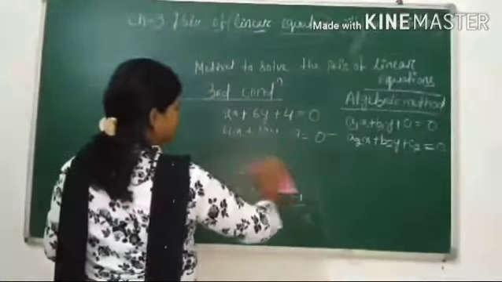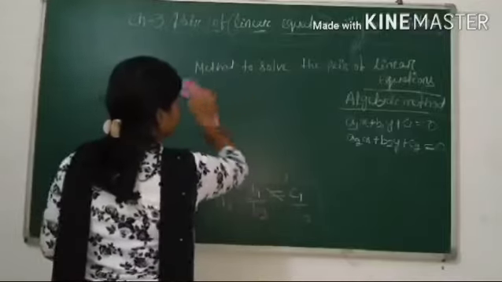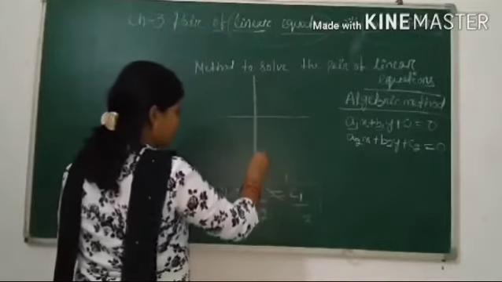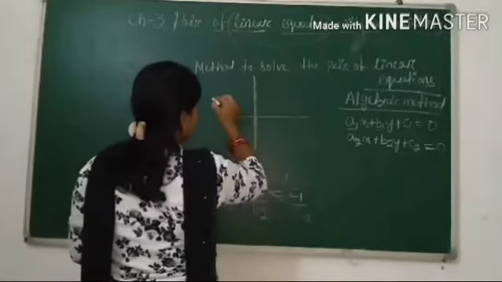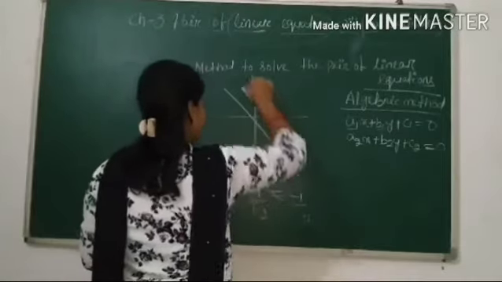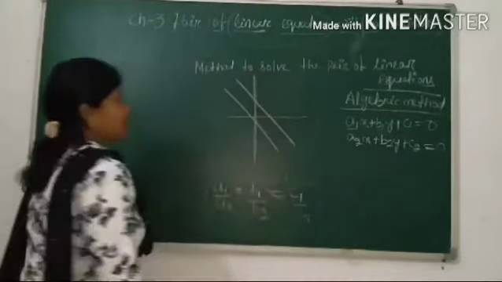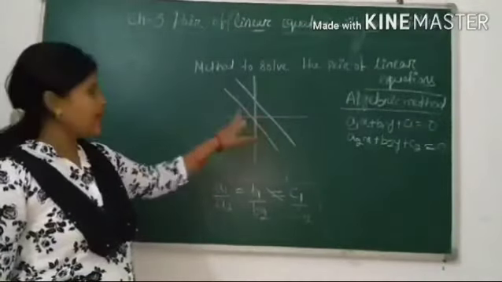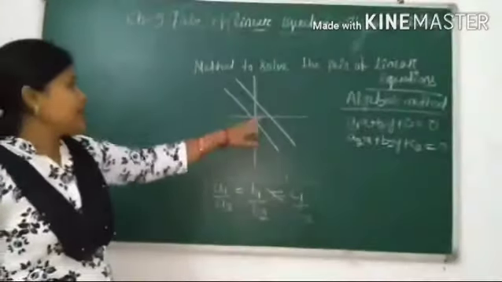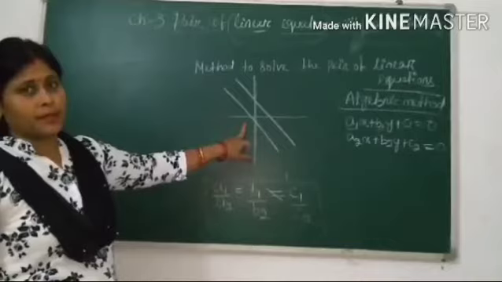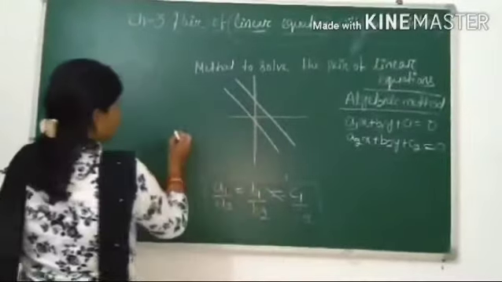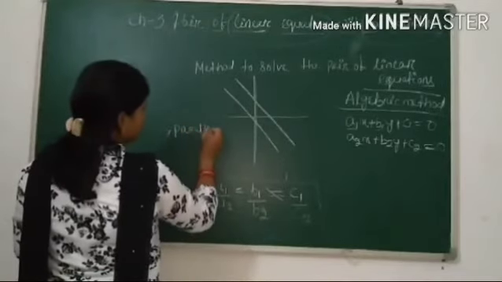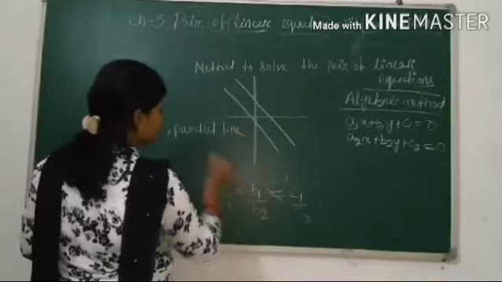Again, I am going to draw a graph between them. Then I am getting this type of lines. These lines are what? These lines are parallel lines. And as you know, parallel lines never meet each other. So I can write that this represents parallel lines, and these are the conditions of parallel lines.